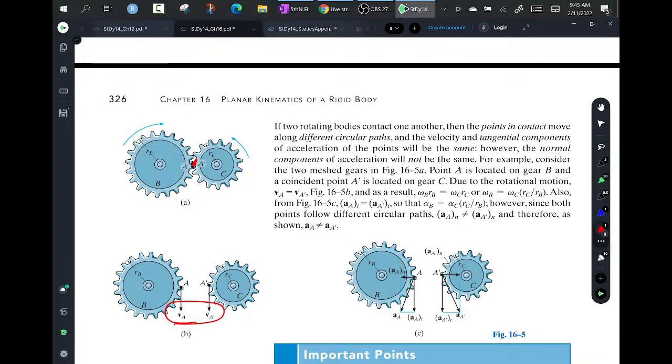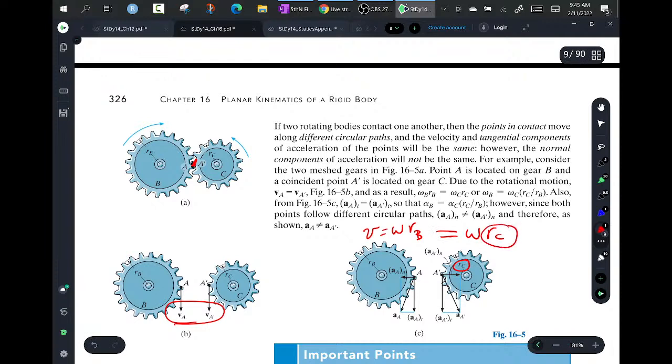If this is a shorter radius, V is equal to omega R_B, but it's also equal to omega R_C. If these are both equal and this one is a little bit smaller, then this omega has to pick up.